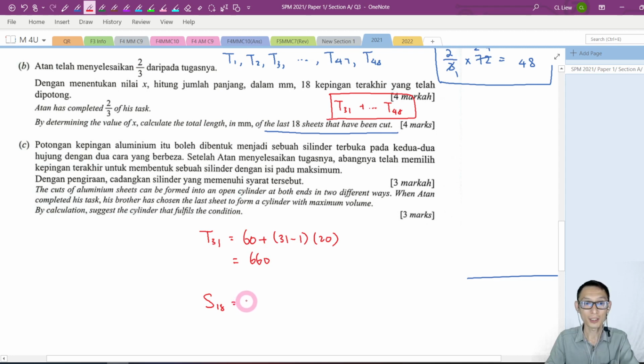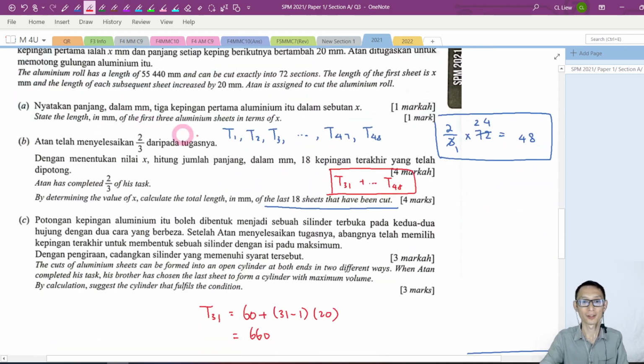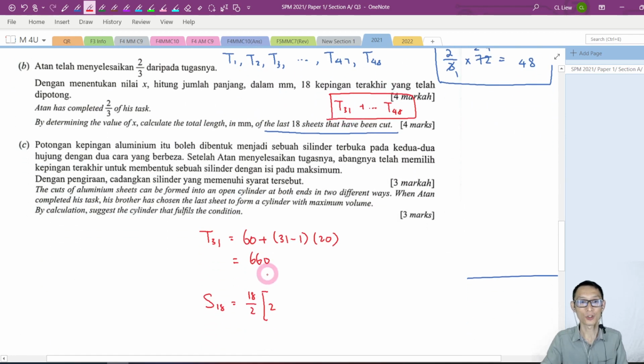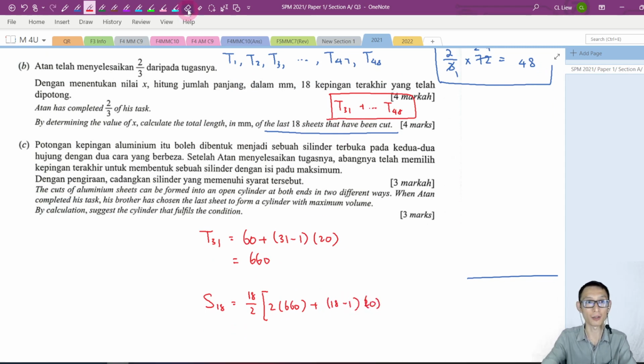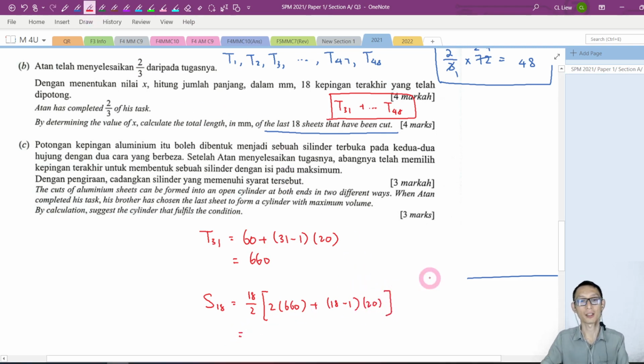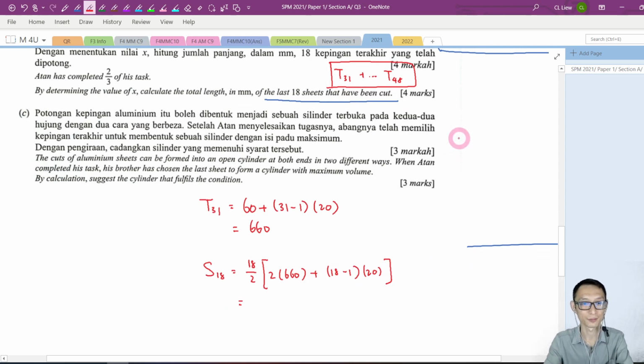Okay, so the formula will be n over 2 times 2a plus n minus 1 d. The a is no longer the old one. Now the a is this one, which is 660. Okay, 2a plus n minus 1 d, and the d will still be the same, which is 20. Okay, then just press your calculator. You should be able to get the answer.